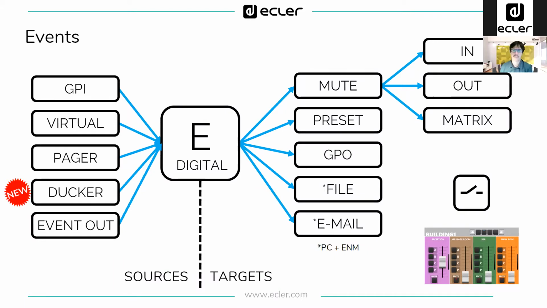Why? Because the first one, only these 2, the ones with the asterisk, the star. The first one is launch file. Launch file means that you make your computer open another software which is not related to EclerNet Manager, and open a file in it. So, for example, you can open Windows Media Player and play a video or a message.